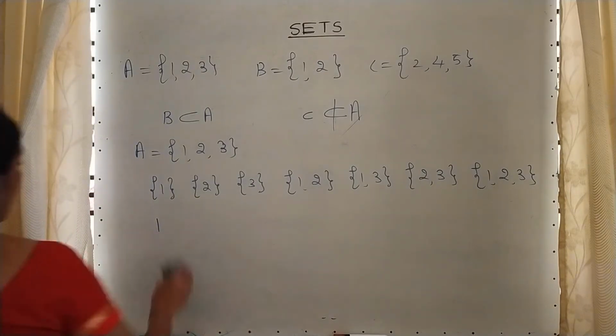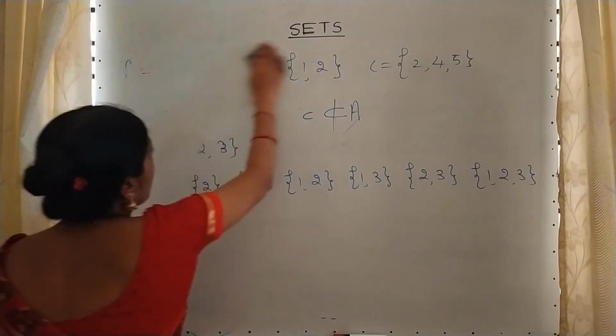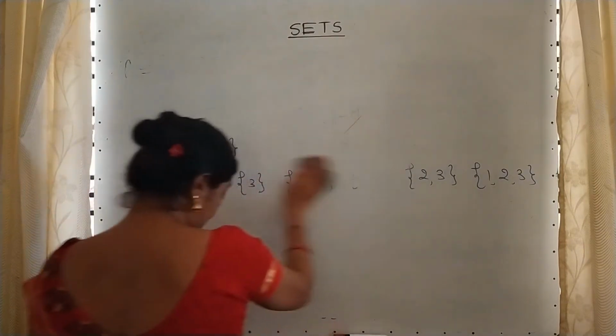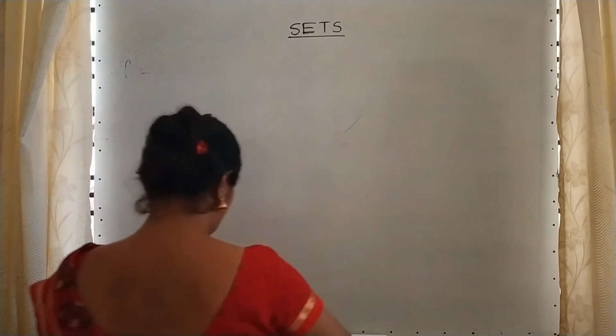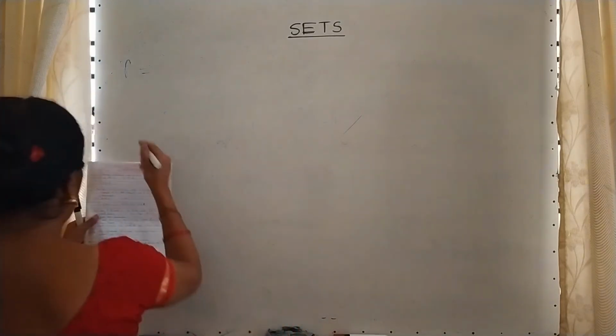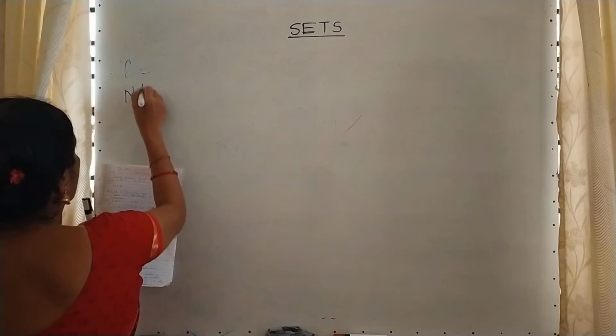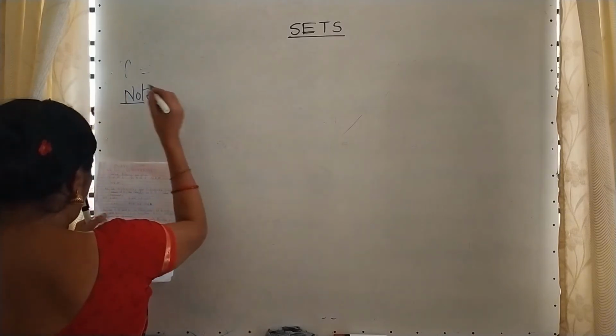Now I am giving you one important point that is very important for your CET. Please note that down. Write it in your notes, it is very important for your CET.